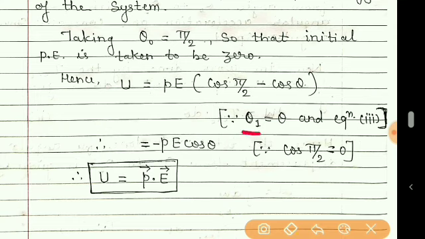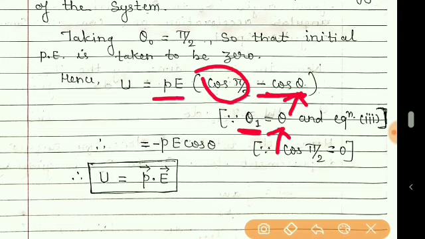So in place of theta 1, now we'll simply place angle theta. If this is 0, then only this term remains, with the minus sign taken out. And so the potential energy U is equal to minus PE cos theta.